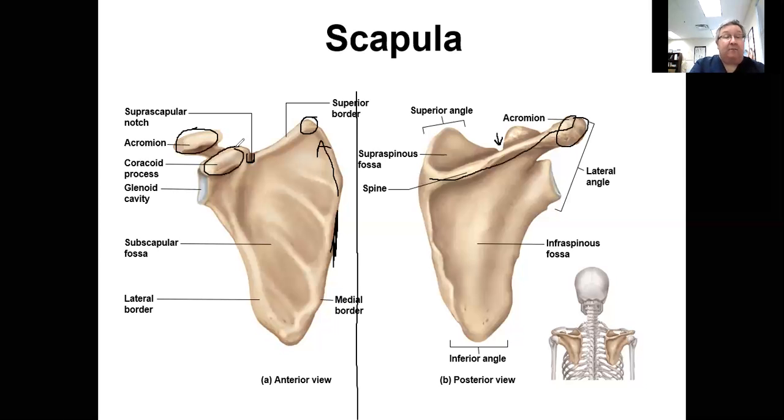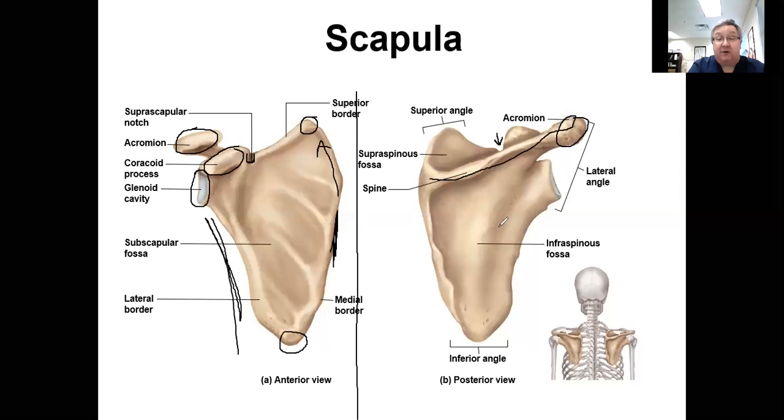Remember, we'll talk about it also, that's where the short head of the biceps comes from, pec minor, and also coracobrachialis. The glenoid fossa, the area where the humeral head articulates, is right there on the lateral side. Here is the lateral border, and here is the inferior angle right there.